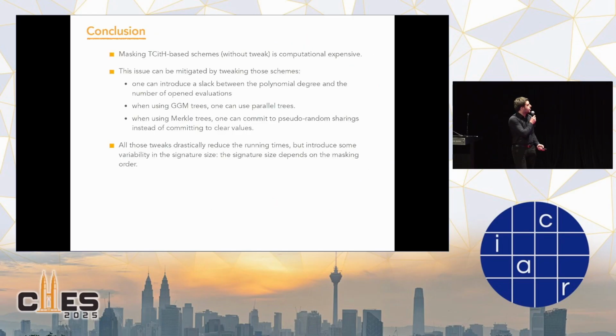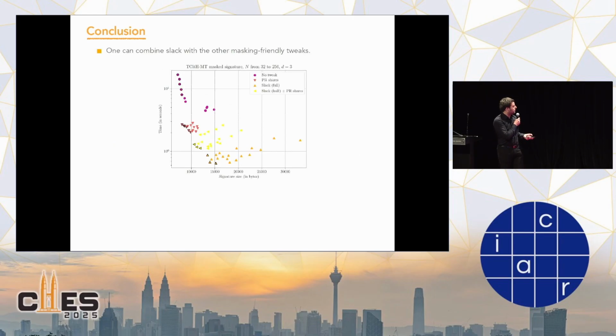To conclude, in this work, we first observed that masking such schemes is very computationally expensive. So this issue can be mitigated using some tweaks, which decrease a lot the running time. But the main drawback of this is that it introduces some variability on the signature size. So we can fix an upper bound on the masking order if we want to proceed, like Raccoon.